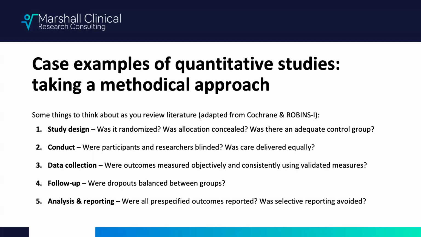So, data collection: were outcomes measured objectively and consistently using validated measures? We could have the best study in the world, a randomized design, but if our outcome measures or our dependent variables are not collected using validated or sound measurements, then we don't know what the data means.